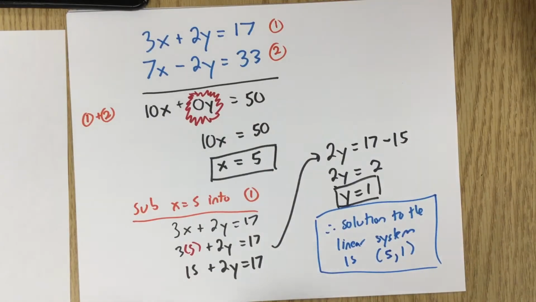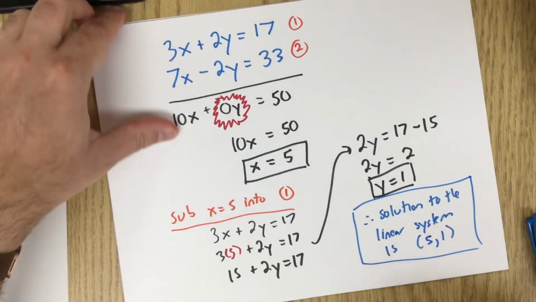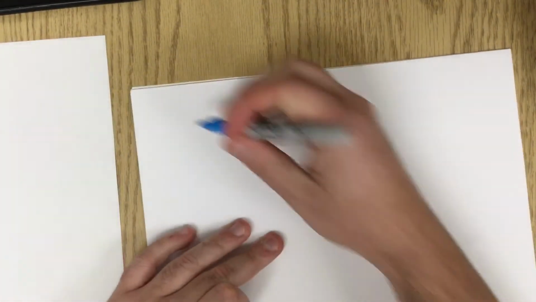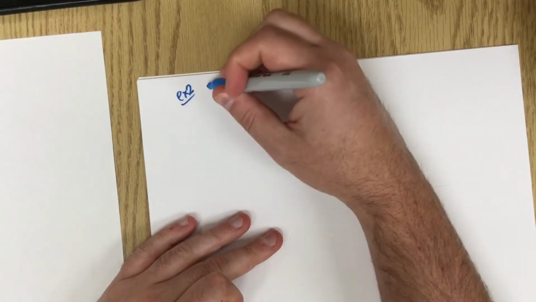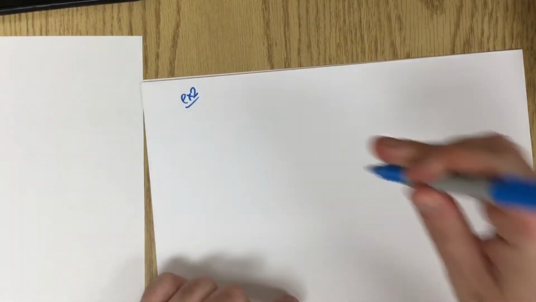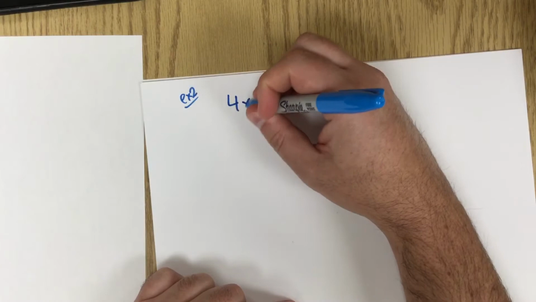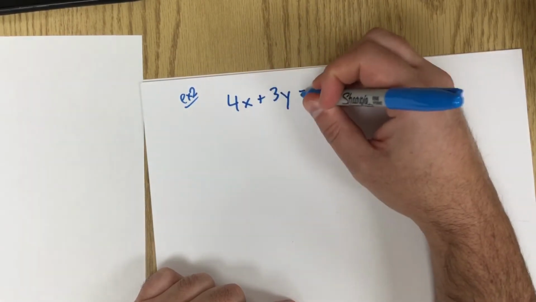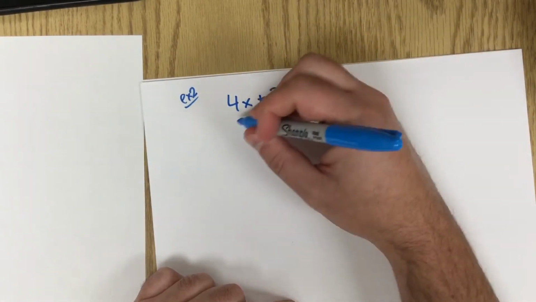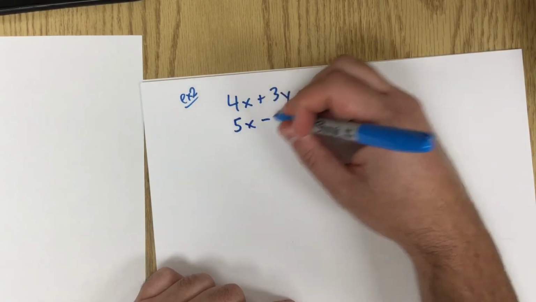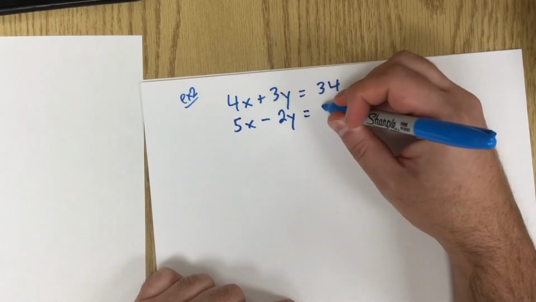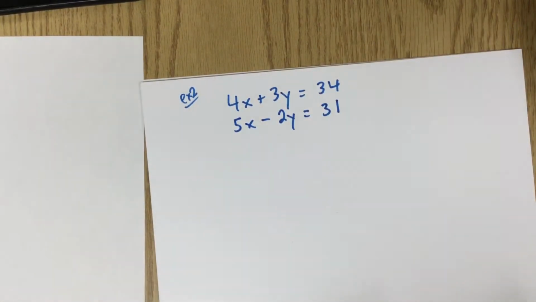Now, things were lined up pretty nicely there, so let's try it now when it's a little bit more tricky. So let's have our example 2. So we're going to have 4x plus 3y equals 34, and 5x minus 2y equals 31.